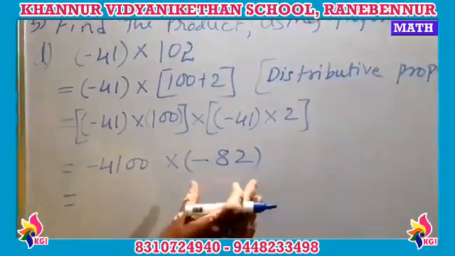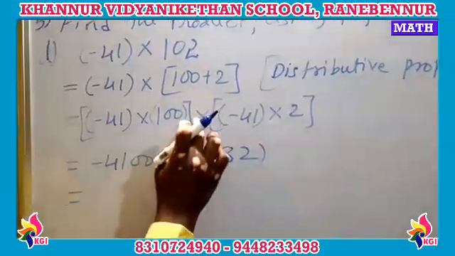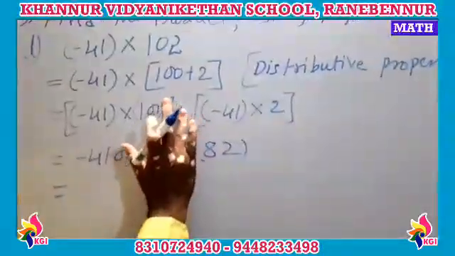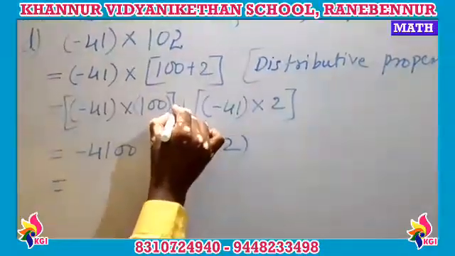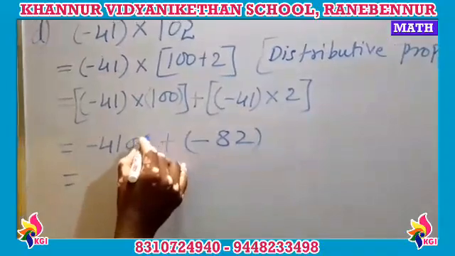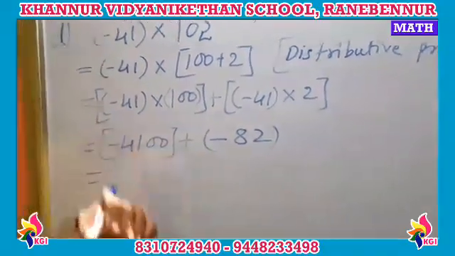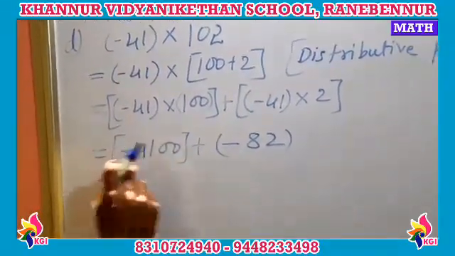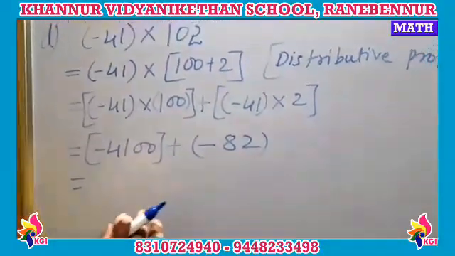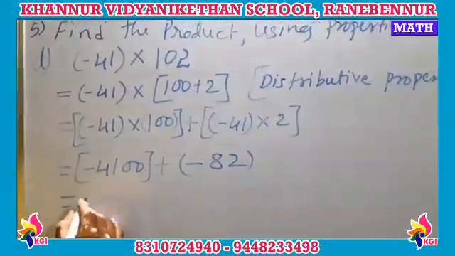Check it out, children. Here it will not come as into. Why? Because it is the distributive property. Here we need to mention a plus, so here also it will be plus. Then I need to add these two, isn't it? Both are negatives. When we add negative integers, the sum is negative, right?